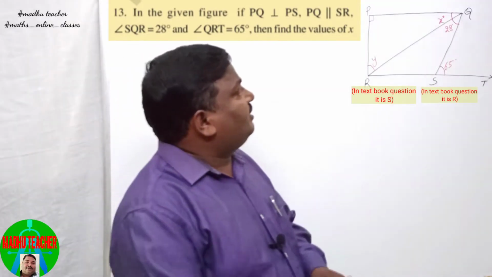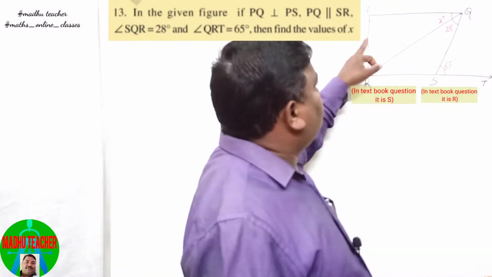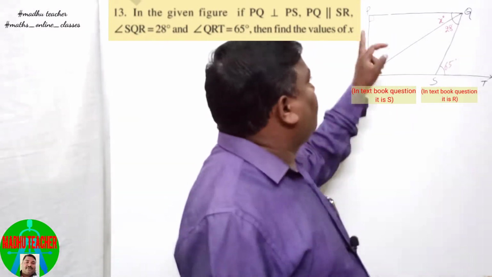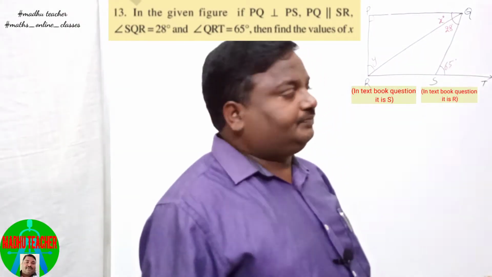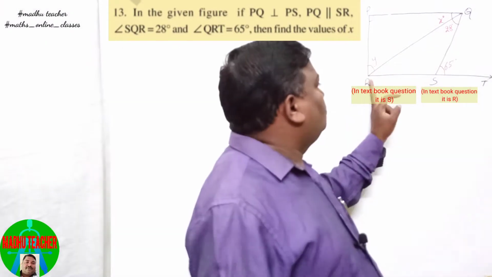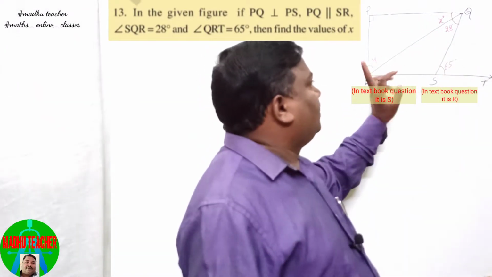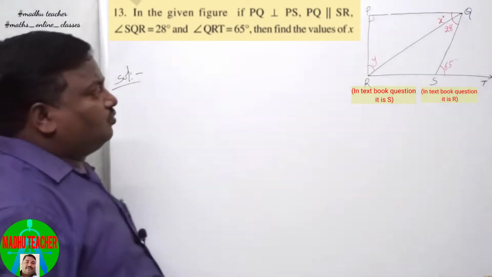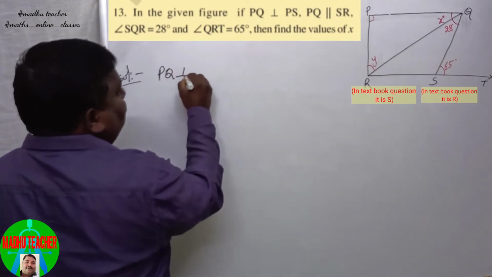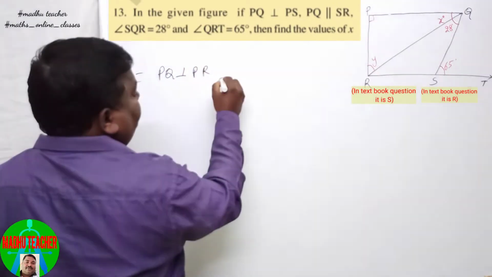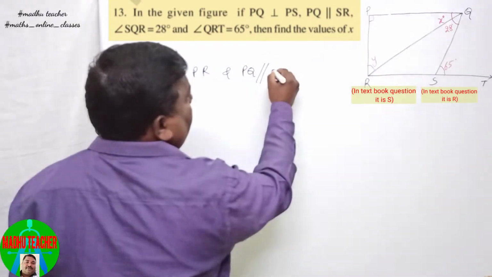Here, what is given? PQ is perpendicular to PR, and PQ is parallel to RS. Then find x, y. So let us see what is given.